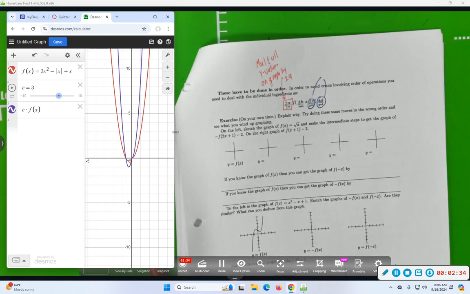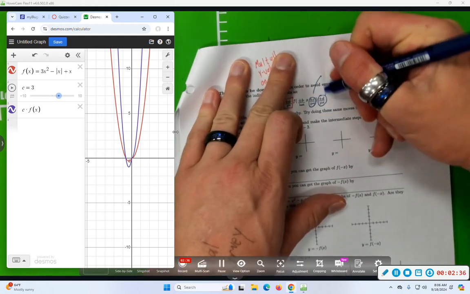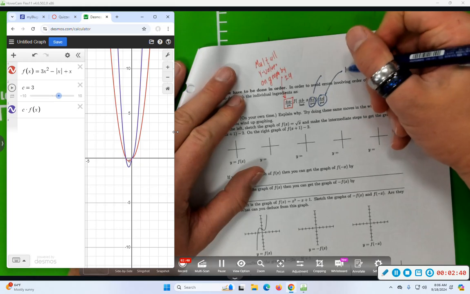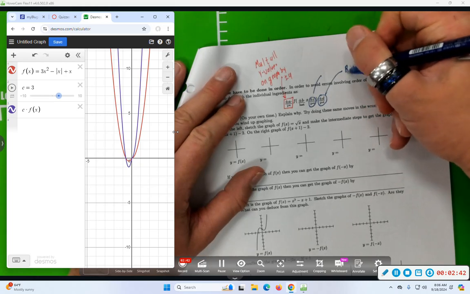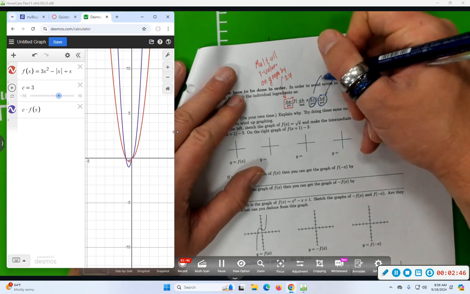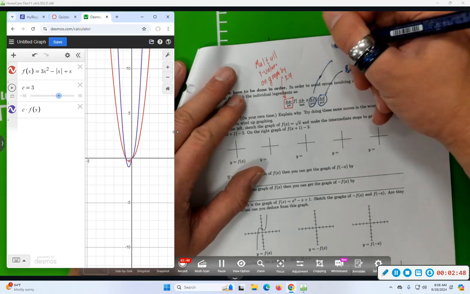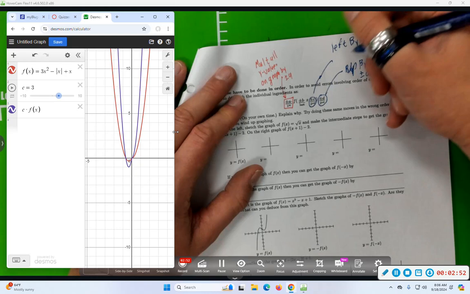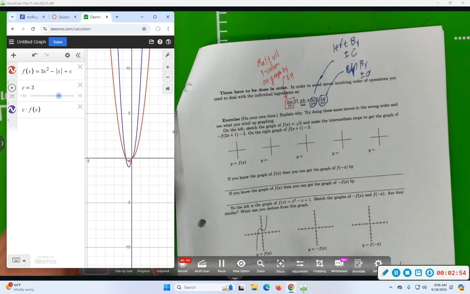So this plus d is going to go up by whatever that plus or minus d is. The plus or minus c is going to go left or right, the opposite direction as you expect, by plus or minus c.